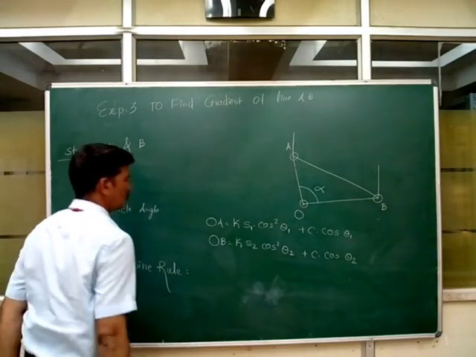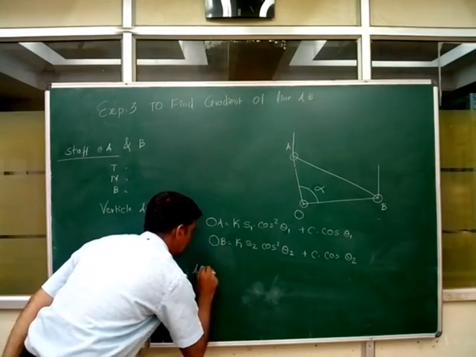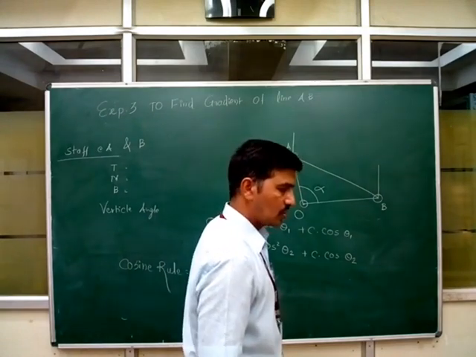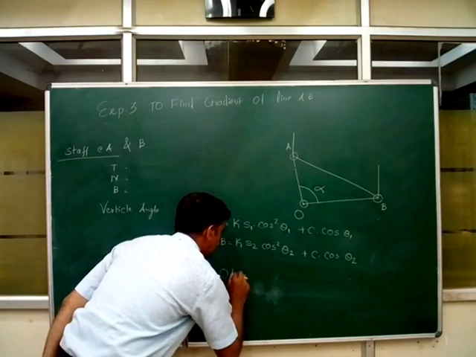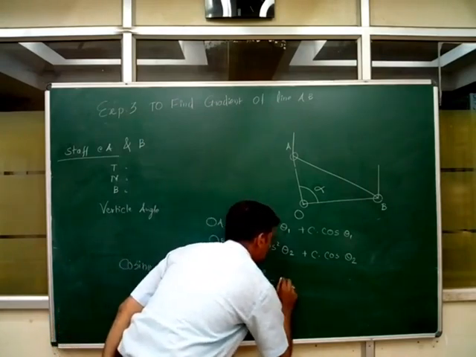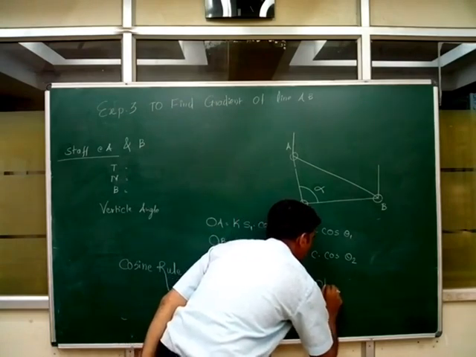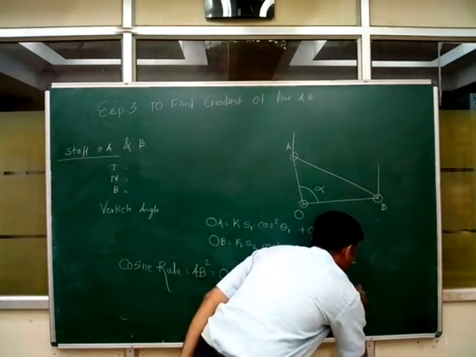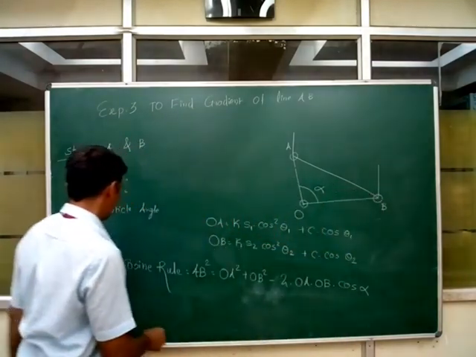AB square will be equal to OA square plus OB square minus 2 into OA into OB into cos of alpha. So this is our cosine rule.